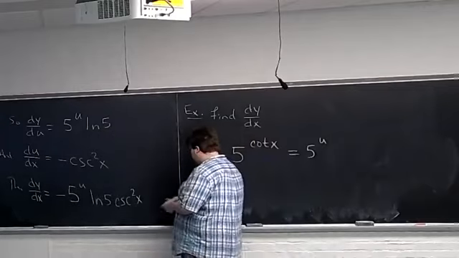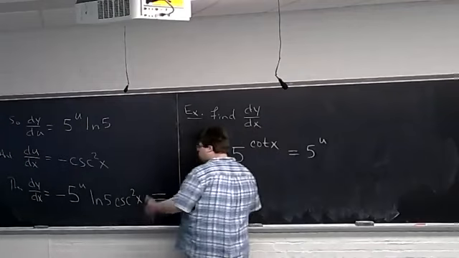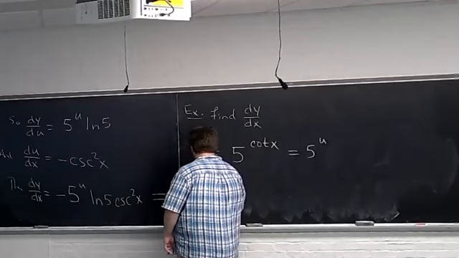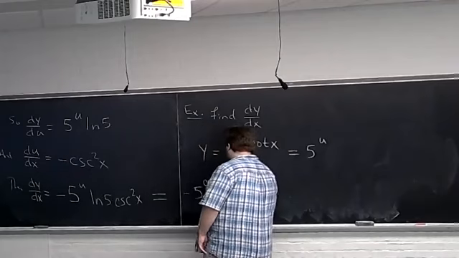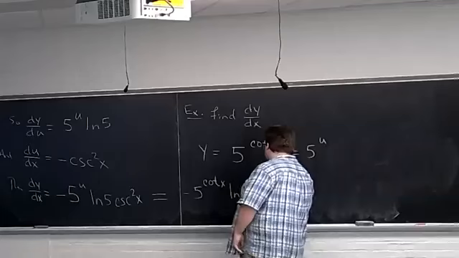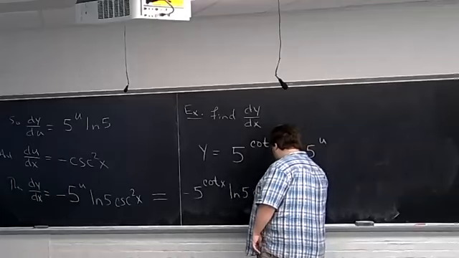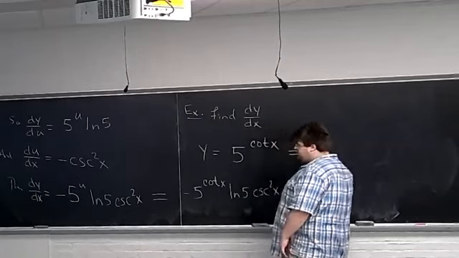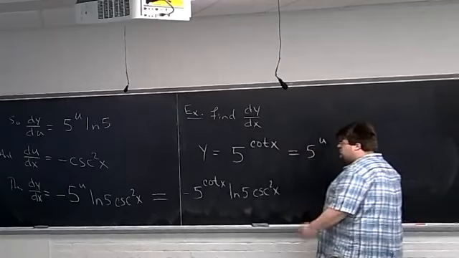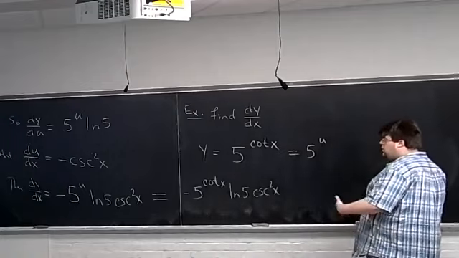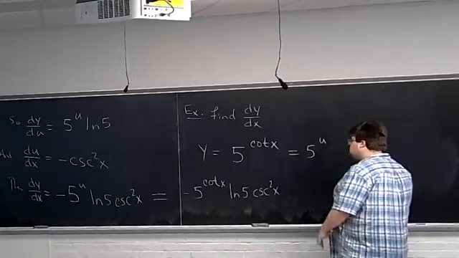I should have done that, so let's replace u with cotangent of x. So negative 5 to the cotangent of x times the natural log of 5 times the cosecant squared of x. And with this one, you can see the one-step method of doing the derivatives.